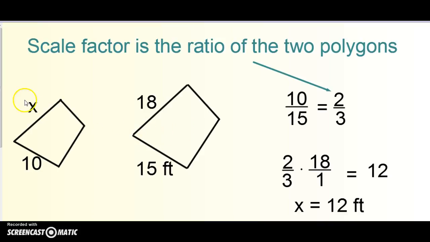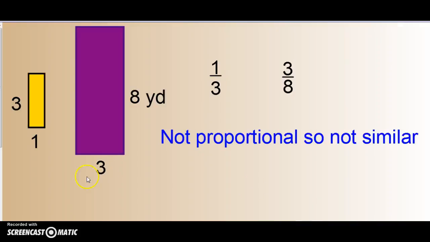So make sure the one you're looking for has that number in the numerator. Again, our ratio is 2 to 3, and our missing side corresponds to the 18, so multiply it times 18. The missing side we're trying to find is 12.